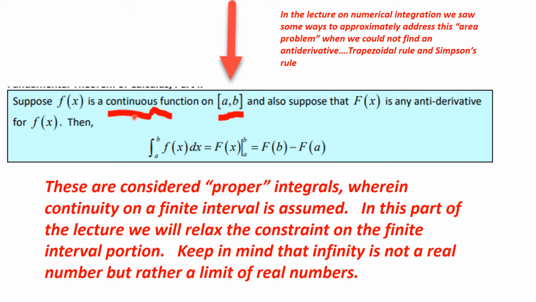In this lecture we're going to deal with the others: continuity and the finite interval. If you are continuous on a finite interval, the integrals are considered proper integrals. In this part of the lecture, we will relax the constraint on the finite interval portion.